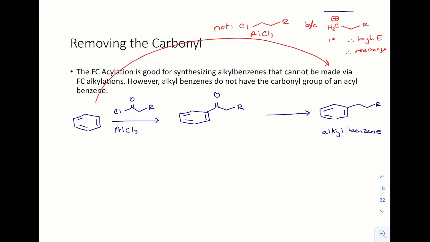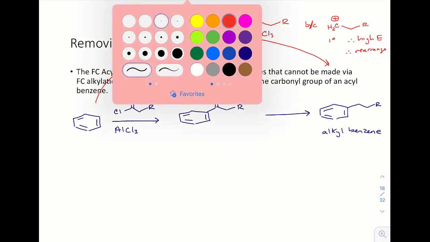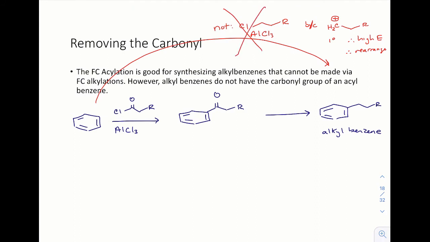The alkylation proposes this primary high-energy carbocation that would certainly rearrange. Alkylation will not be a viable pathway. However, Friedel-Crafts acylation with the comparable acid chloride, instead of the alkyl chloride, will in fact yield a ketone that can be reduced to form the alkyl benzene.